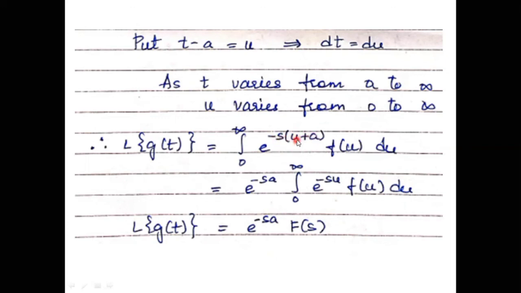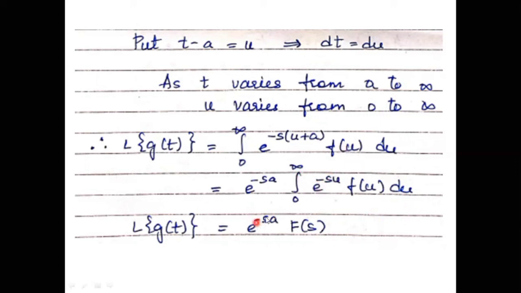I have just split this term using the law of indices. E power minus sa has nothing to do with this integral, because you are integrating with respect to u. So it's a constant, and I have taken that outside, and the u term I have written inside the integral. So it is 0 to infinity e power minus su f of u du.